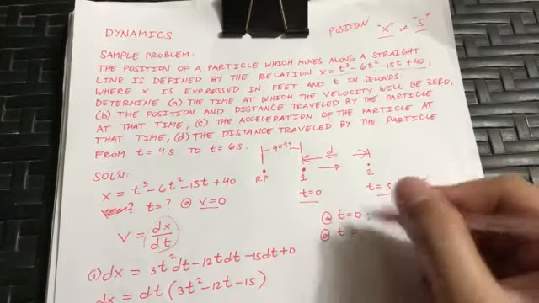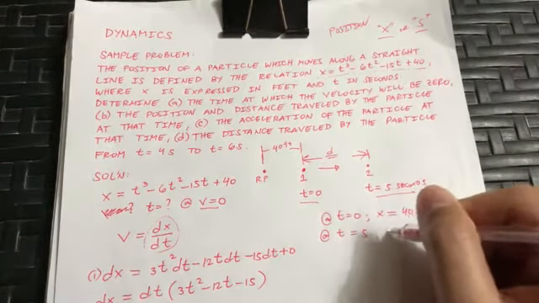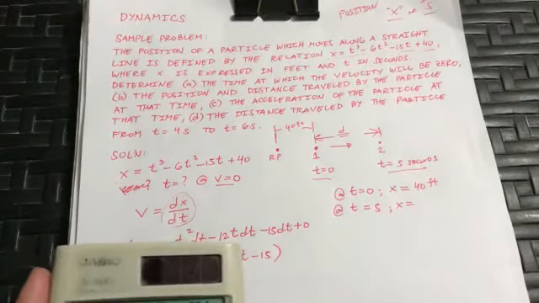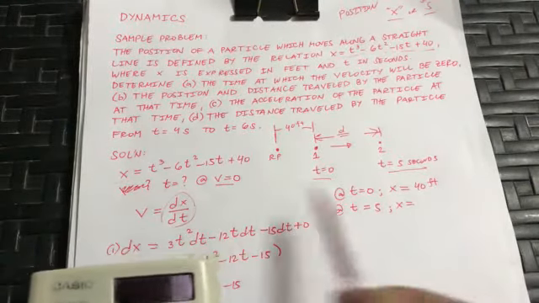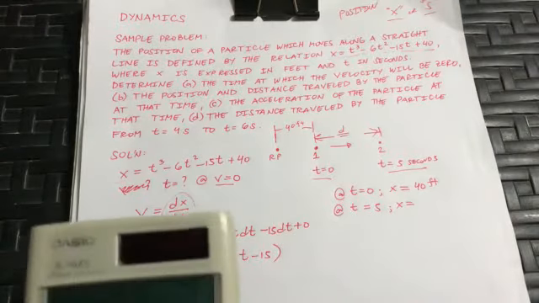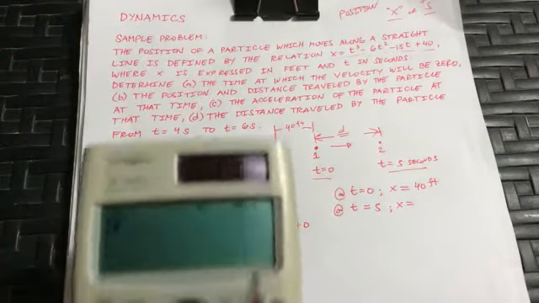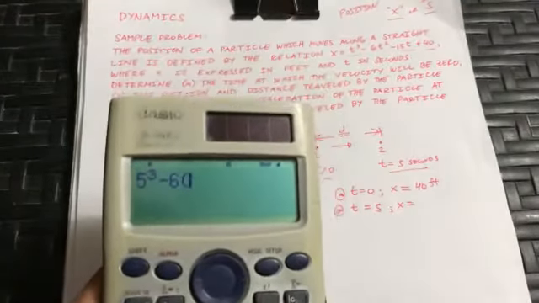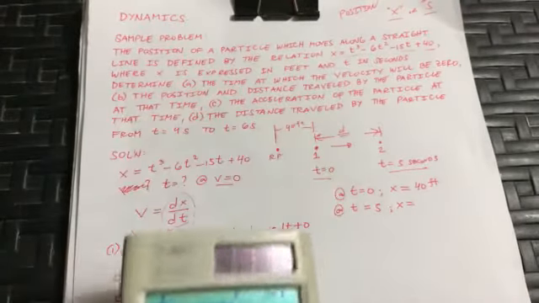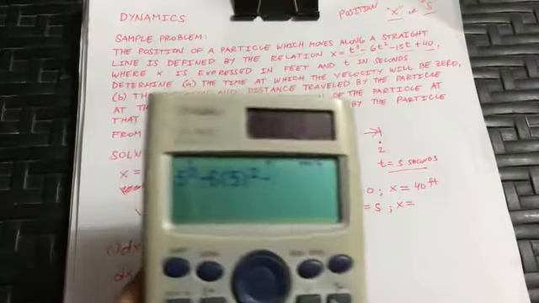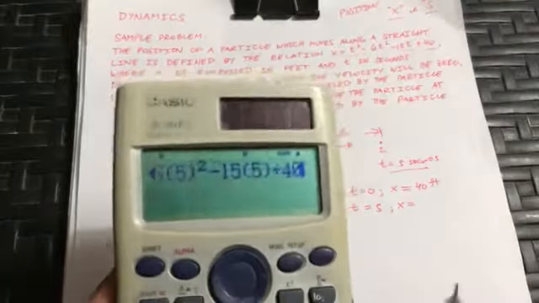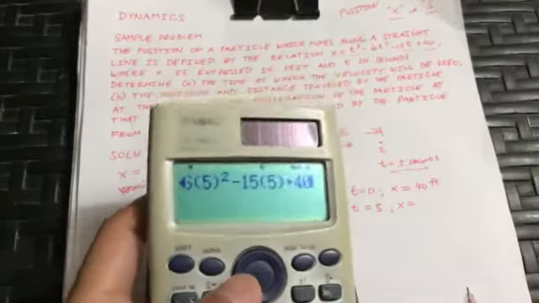At time t equal to 5 seconds, what will be our x? So we have our x is, this is t, 5 cubed minus 6 times 5 squared minus 15 times 5 plus 40.